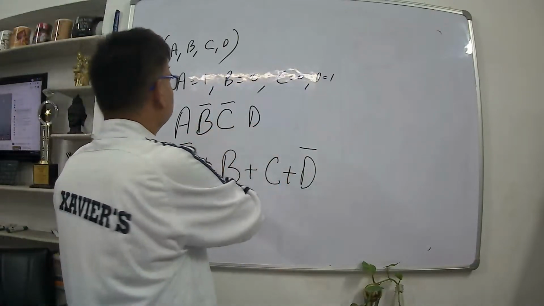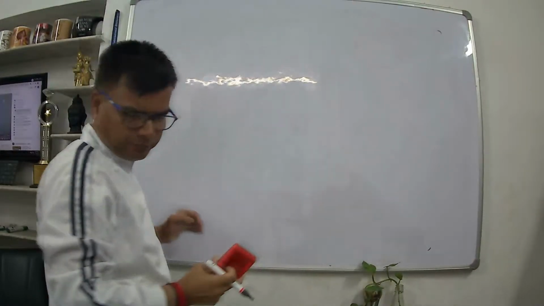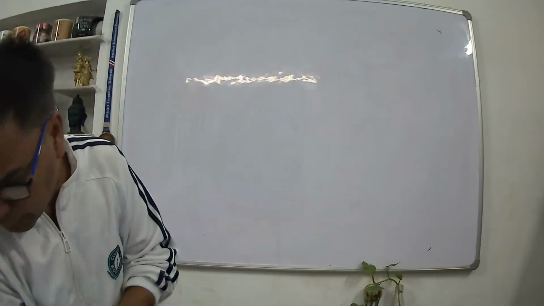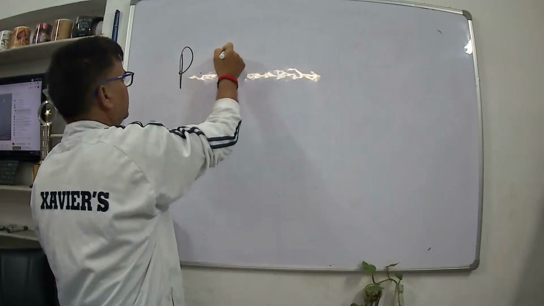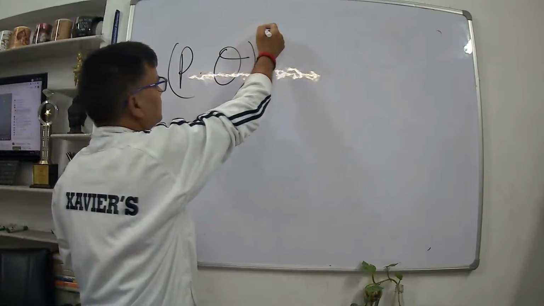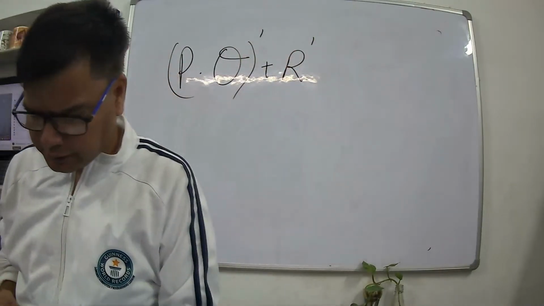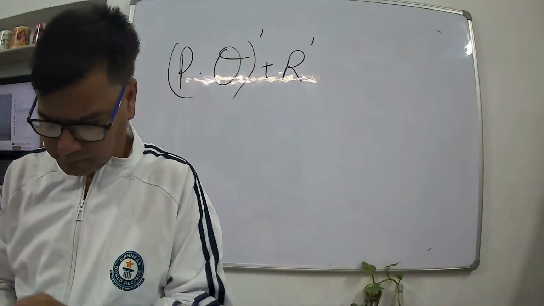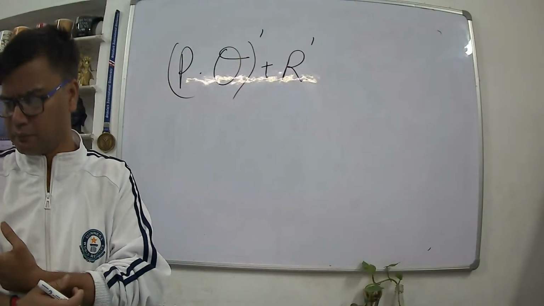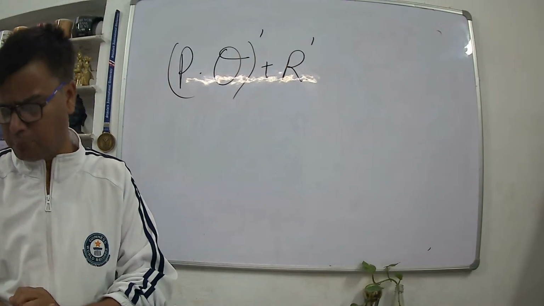Now let's see. Could you all be along with me? Like if I say, find the complement of the Boolean expression P dot Q bar plus R. You have to find the complement.